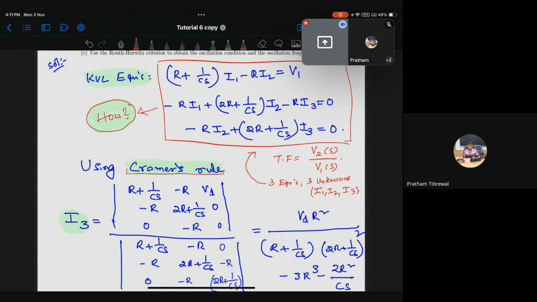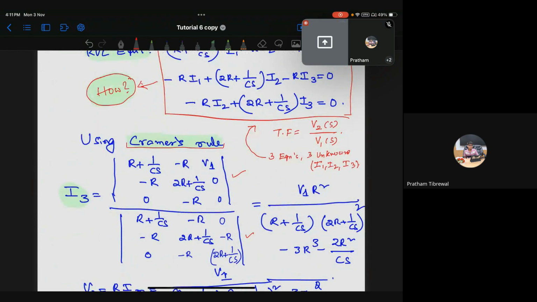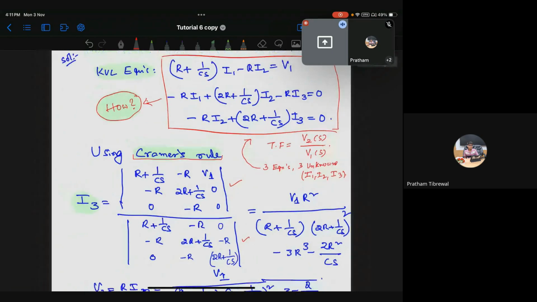We are taking this determinant and this determinant. In the second determinant, you can see the first row has the first term, the second term, and the third term is 0. Similarly, from the second equation, minus R, this term and minus R. For the third equation, first 0, second minus R, third one is this.